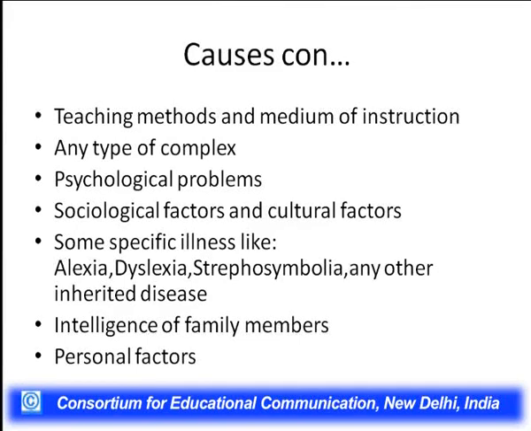Then sociological factors and cultural factors. Where we are brought up, that type of culture of that society does affect our achievement. Some specific illnesses like alexia, dyslexia or trypophobia, these types of illness also make them underachievers.